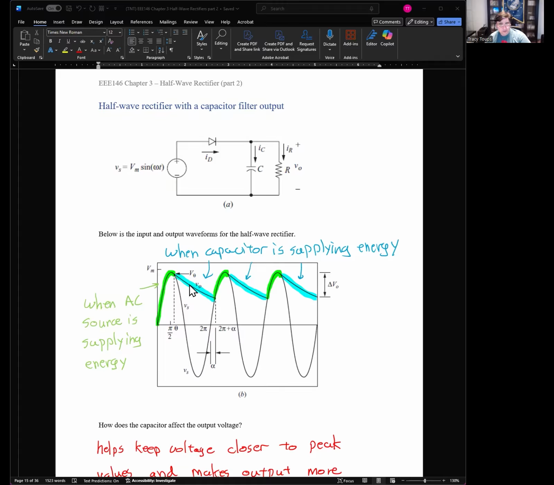Now, the voltage does go down because every millisecond that the source voltage isn't the highest, the capacitor is dumping energy into the circuit. So right here, at this peak, the capacitor is full of energy. It's very stiff, has a very high voltage. But every millisecond that goes by, we're dumping energy out.